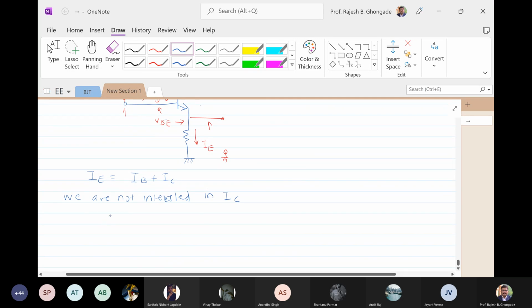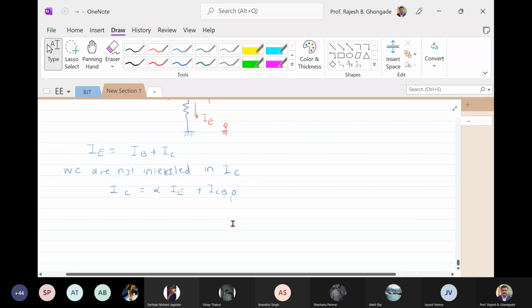Also we know that IC is alpha times IE plus ICBO. This we have done earlier. Do you remember this? Yes, sir. So then we have IE as IB plus, now I'm going to substitute the value of IC in this, alpha IE plus ICBO.